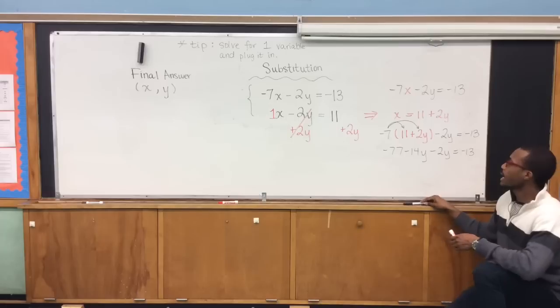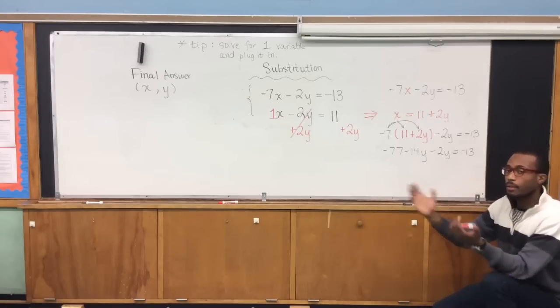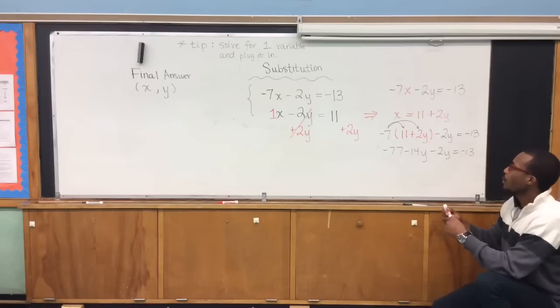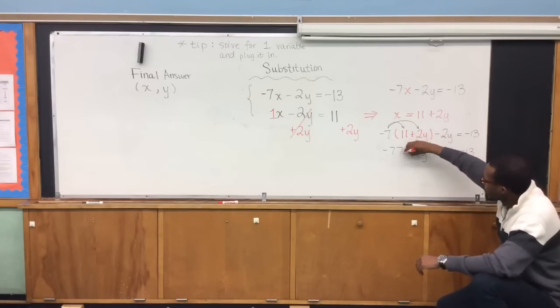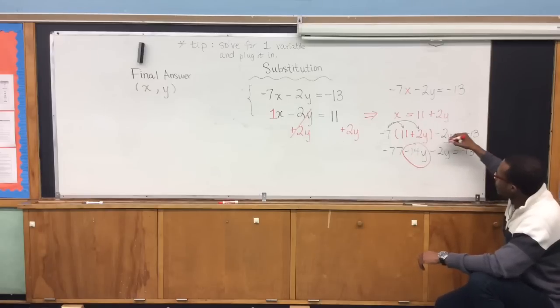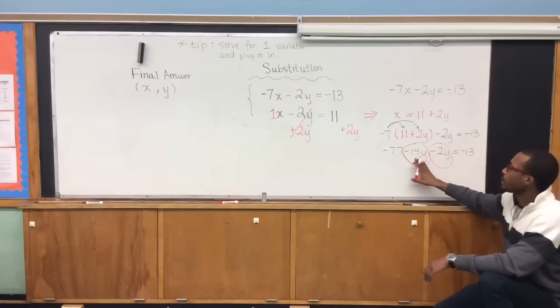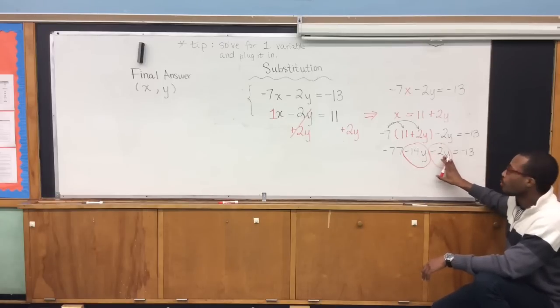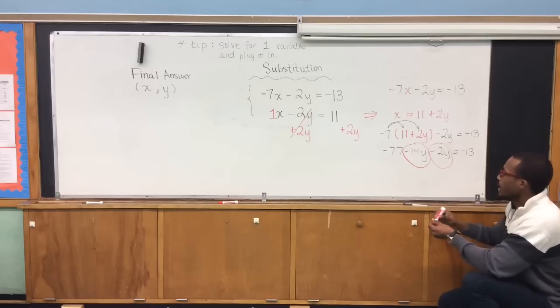Before we start moving anything to either side, we want to combine like terms. We have -14y and also a -2y. So -14y minus 2y gives you -16y.